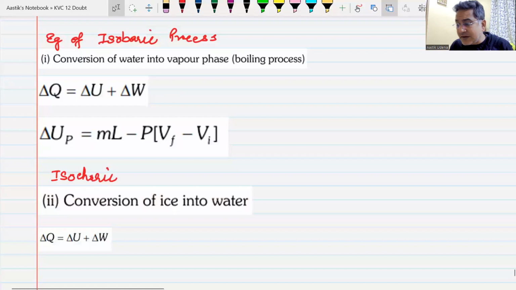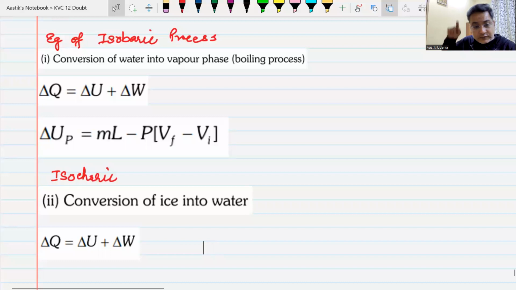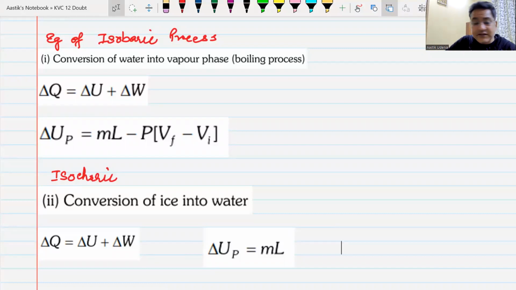I am talking about melting. There is no work done here because the change in volume is very less. So for this isochoric process, the change in internal energy of the water or ice, whatever you are talking about, is simply equal to M into L, whereas in the other process it is M into L minus P into delta V.